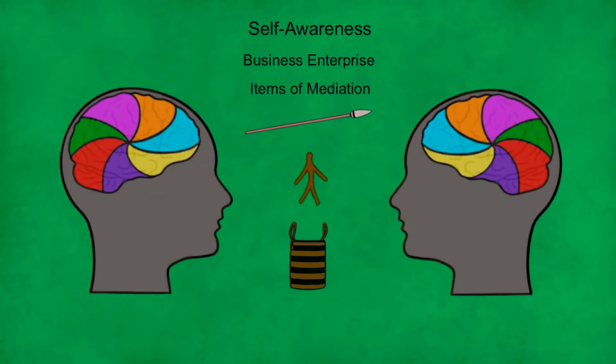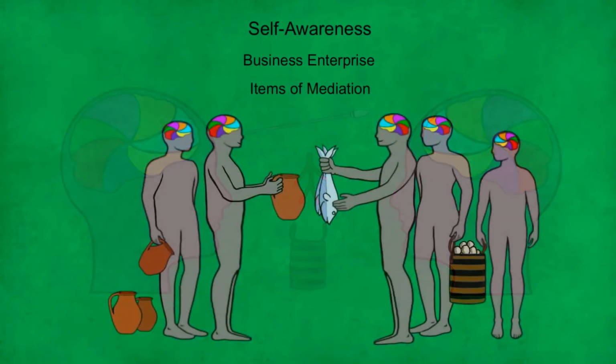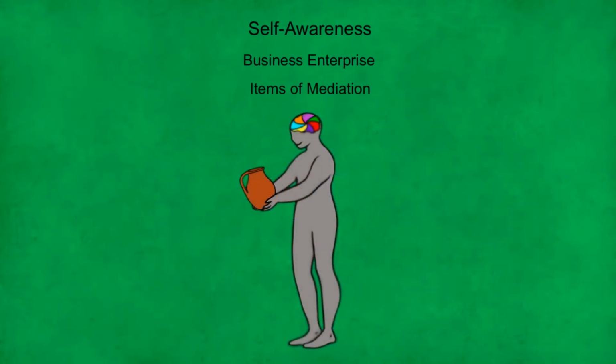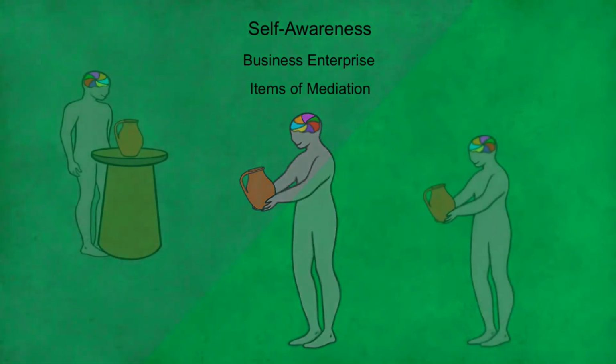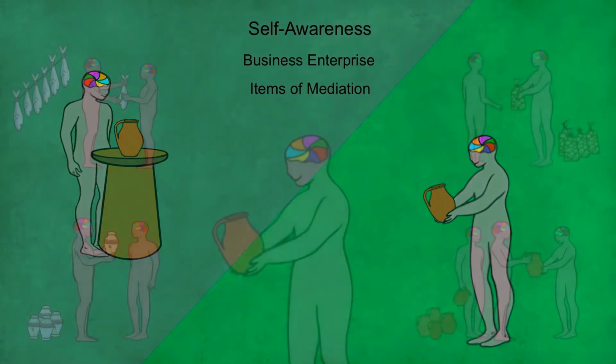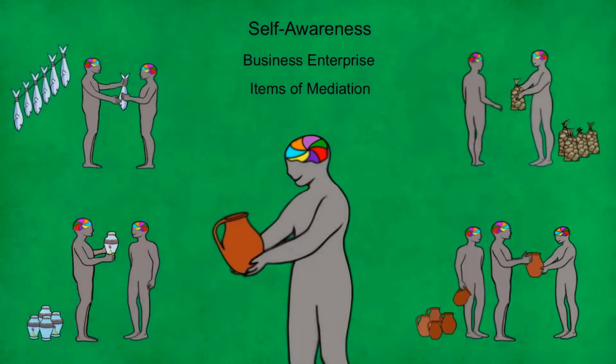It then spread to the trading of items between groups of humans, and then over greater and greater distances. So the same item of mediation that stimulates the self-awareness neurochemical process of an individual in one part of the world could stimulate the same area of the brain of another individual on the other side of the planet. In this sense then, the human need to stimulate self-awareness led to the creation of trade and business enterprise.